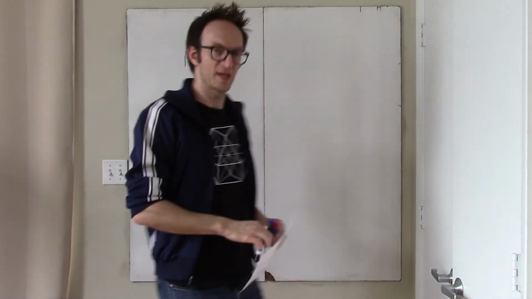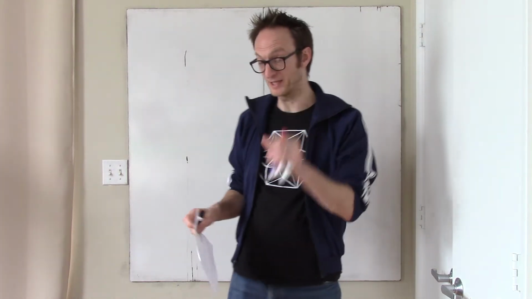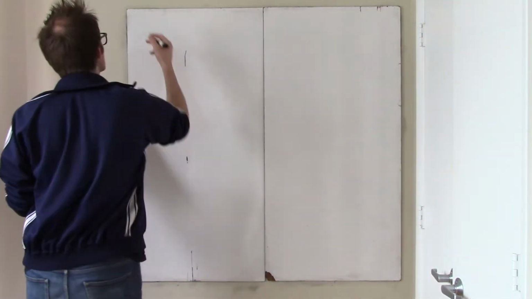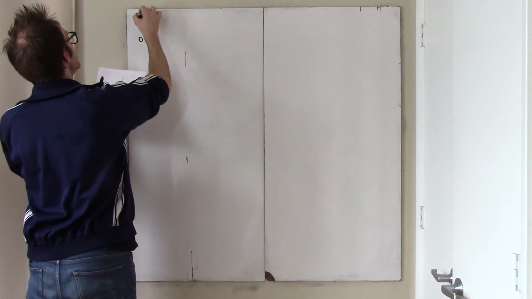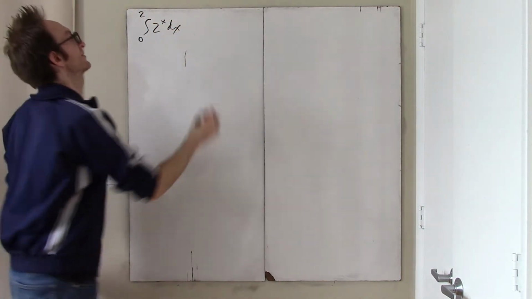Hello. This came up in the previous video. I was mumbling to myself about how one might possibly take the integral from 0 to 2 of 2 to the x without the fundamental theorem of calculus.